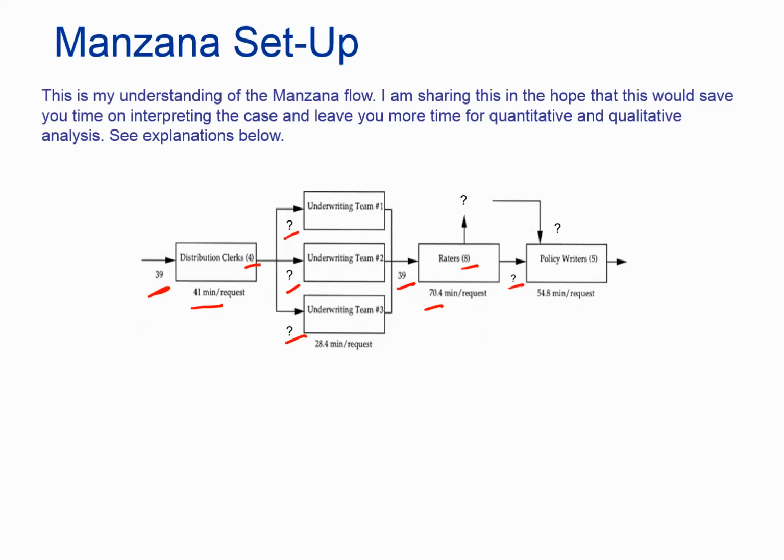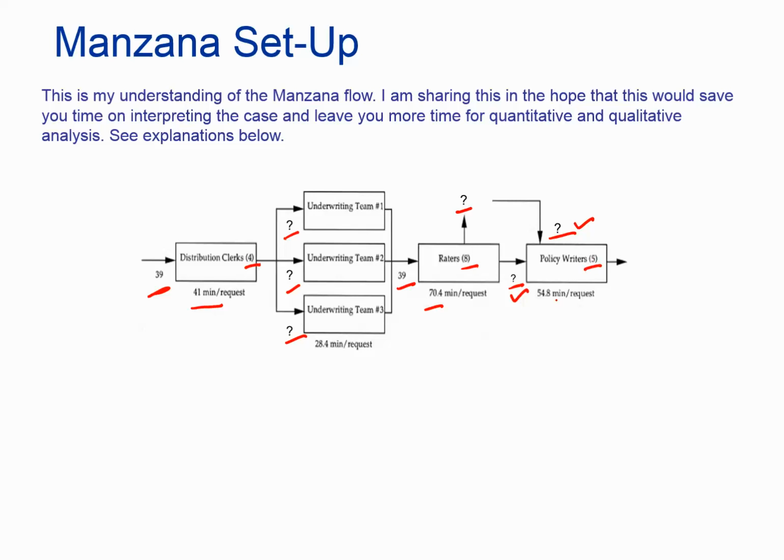But only a certain fraction of wraps arrive at policy writing. So the question marks here refer to the number of wraps and what percentage of those wraps arrive at the policy writing station. The sum of directly arriving flow units and these wraps arriving at policy writing will give us the total arrival rate at policy writing, and I'll let you determine that looking at the data in the case.